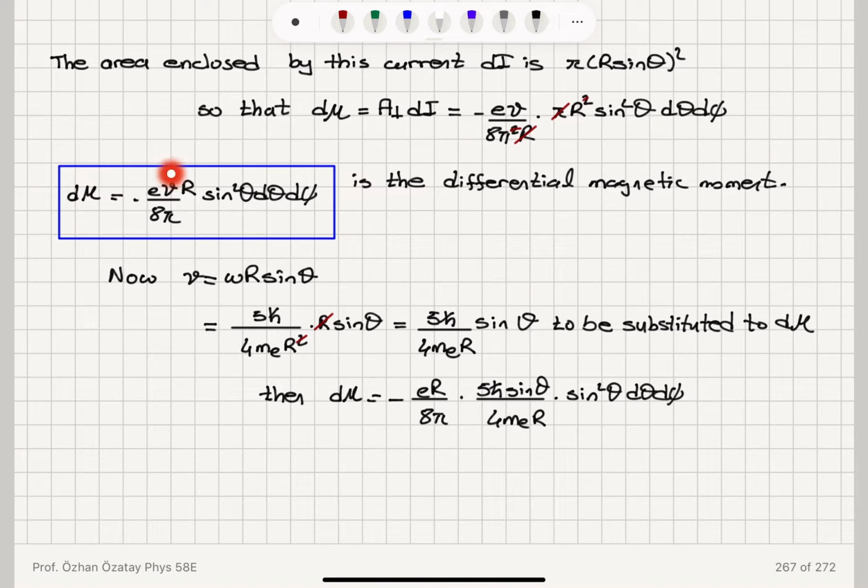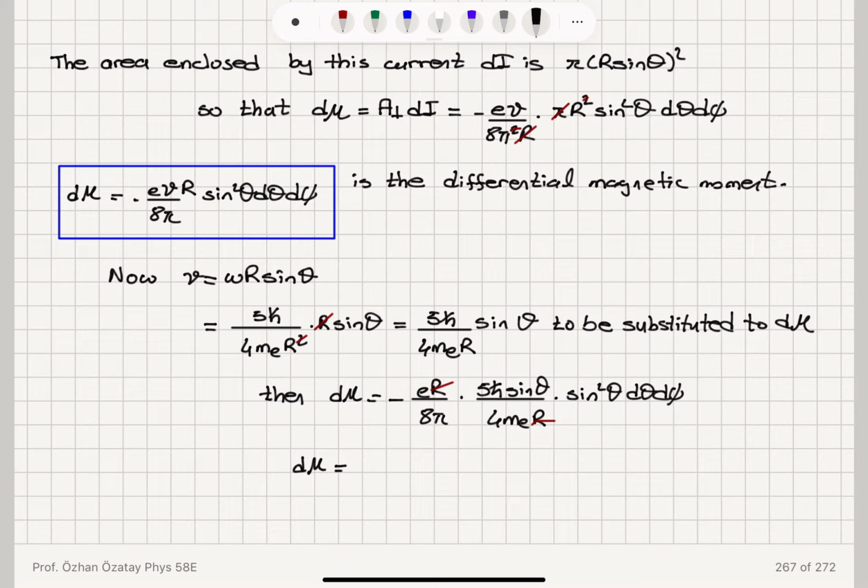Okay, so we have substituted for v this result. So this is our d mu, and you can see that we have some simplifications here as well. We have an R on top and R at the bottom, so these R's will disappear, and we will be left with the following result for d mu.